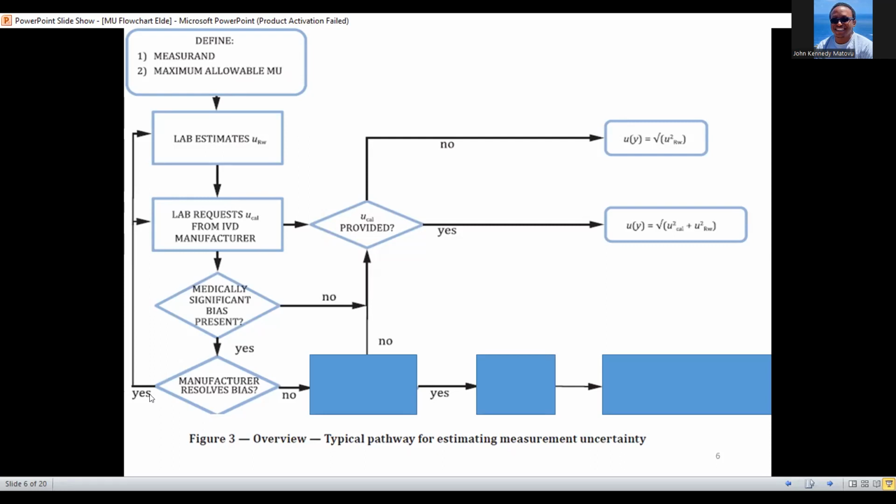If it is yes, then you can go back here and enter to calculating this and this. And if the manufacturer says, well, we have not resolved that bias, then the laboratory will estimate and correct that bias.